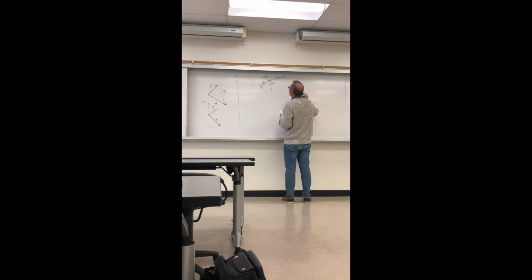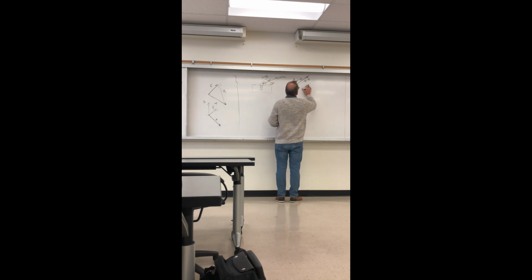I have A, B, and the parallelogram. This is my resultant, right? So this dotted line there is B, and then this is the B in my state.